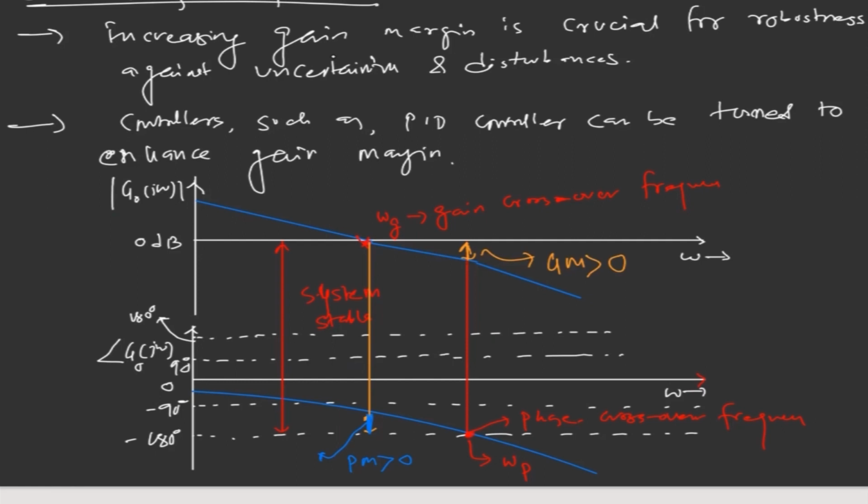If the margins lie between 0 dB and minus 180 degree, the system is stable, and the margins are generally positive. Another very important condition for positive gain margin and phase margin is that omega g should be less than omega p. This is how we come up with the gain margin and phase margin from the frequency plot.